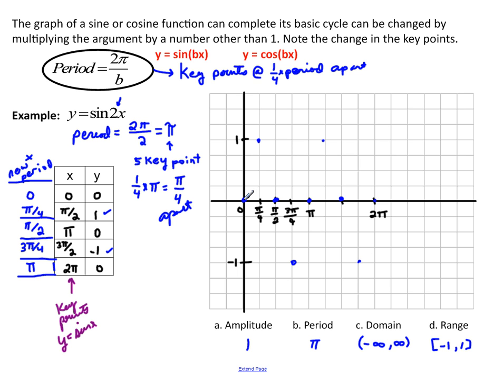All right. So one cycle of the function, one period for our function, looks like this. And if we just repeat this pattern over again, we see the same pattern repeating itself over and over again every pi units. So right here is a picture of 2 full cycles, but you can see that we have one full period from 0 to pi.